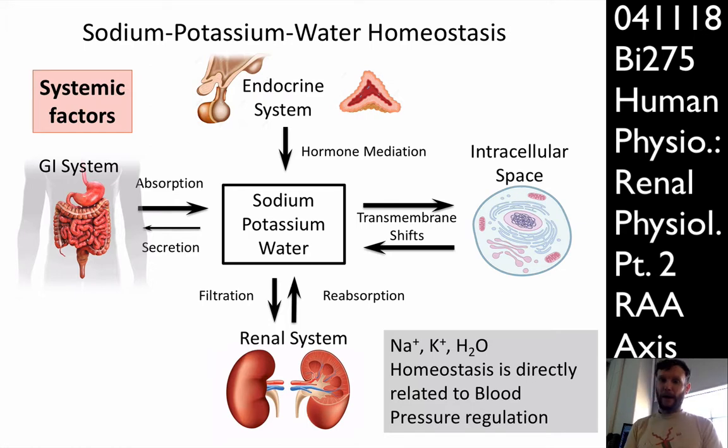I probably should put that next to the endocrine system, the control factors that are on top. So the hypothalamus and the pituitary gland, which are the central nervous system structures on the left up there, and then the adrenal cortex, which is depicted on the right of that. So these are the systemic factors that are involved in sodium, potassium, water homeostasis.